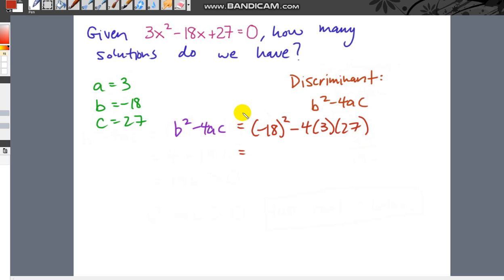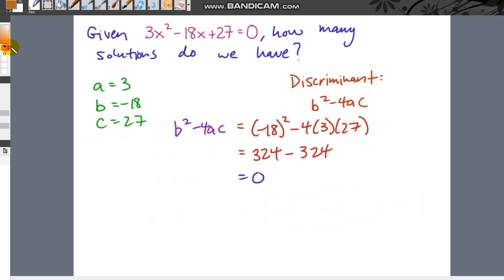If I do that real fast, -18 squared, the 2 negatives are going to cancel out. So 18 times 18 is going to be 324. Then we have 4 times 3 is going to be 12. 12 times 27 is going to be 324. So we have 324 minus 324, and that's going to equal 0.